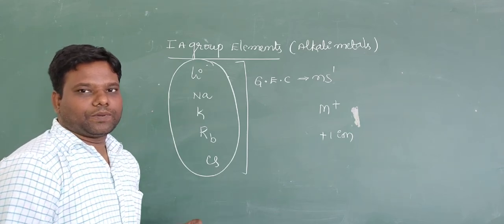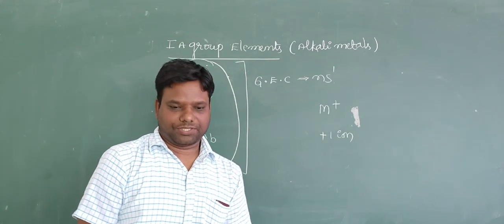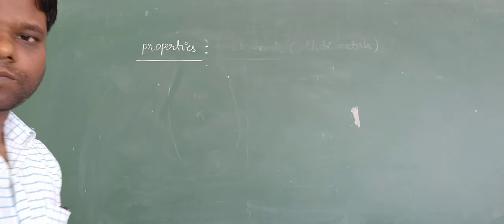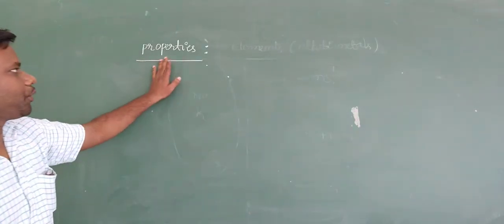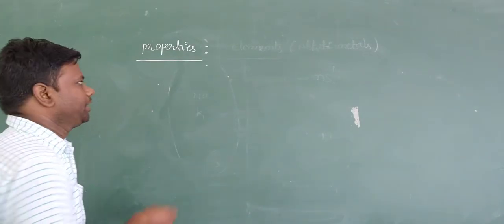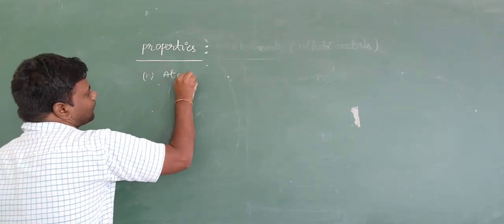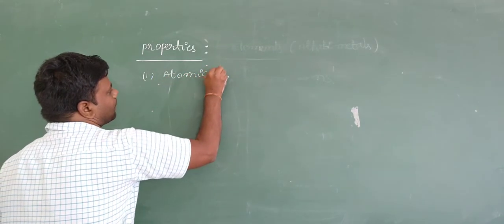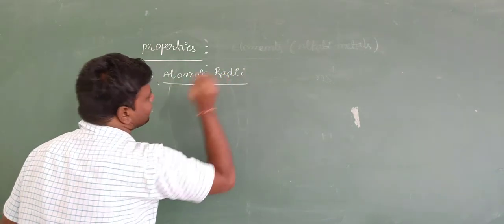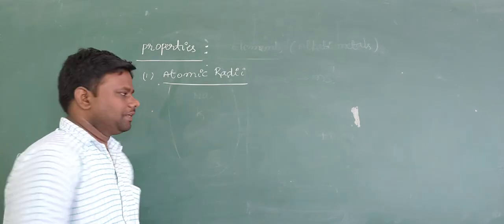Now we are going to discuss properties of alkali metals. First property, atomic radius. What is the atomic radius? Look here.